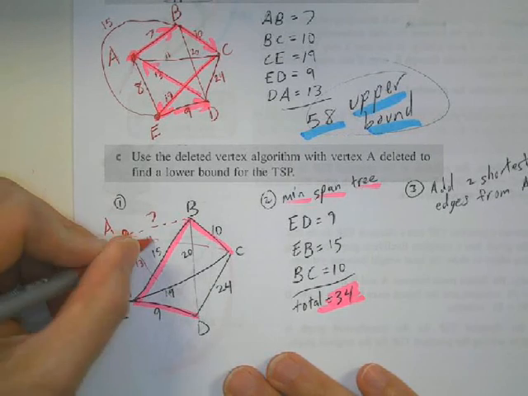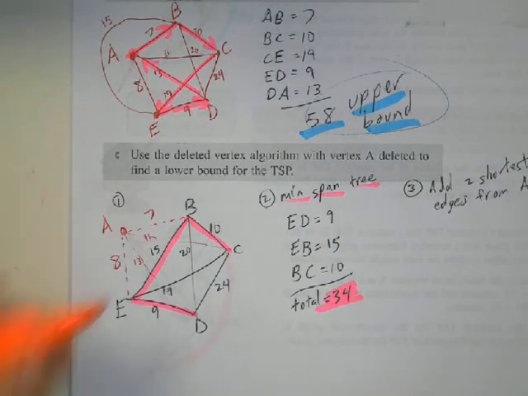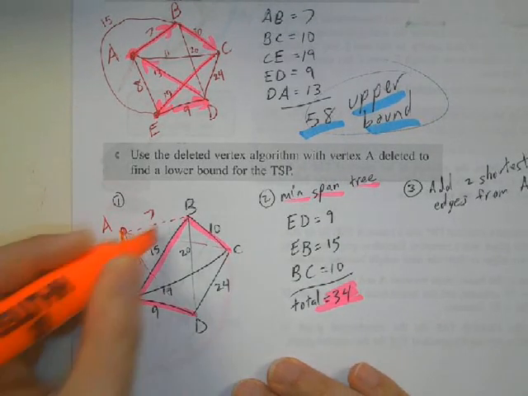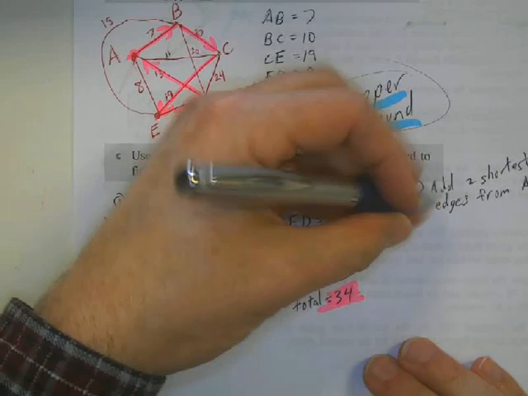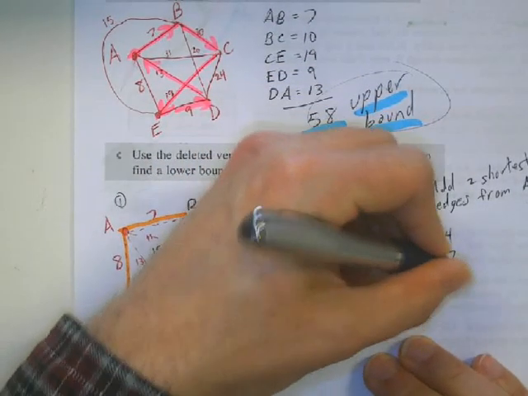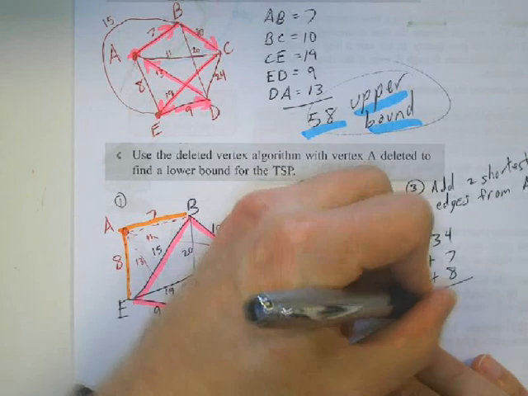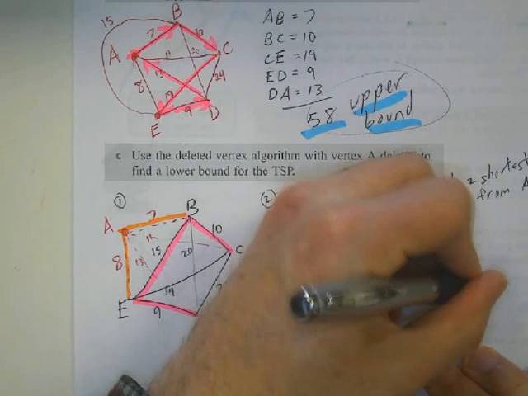So clearly 7 and 8 are the shortest edges. So I'm going to add those to my 34. So I've got 34 plus 7 plus 8, and that's going to give me 49. And this is our lower boundary.